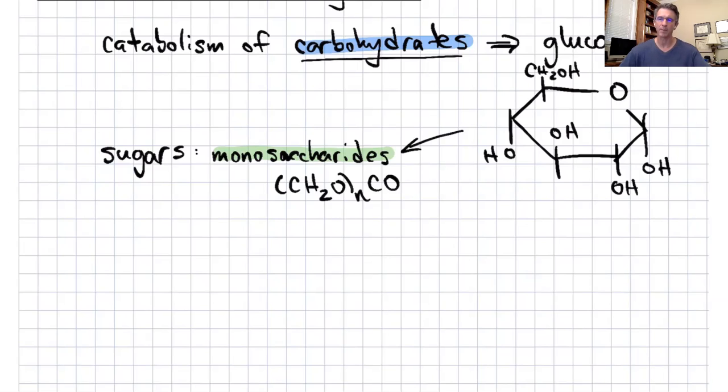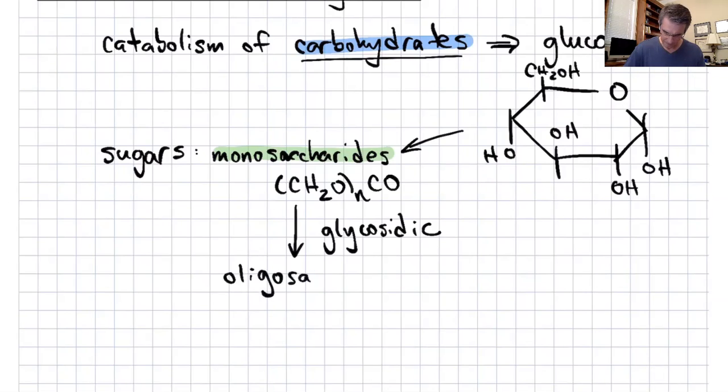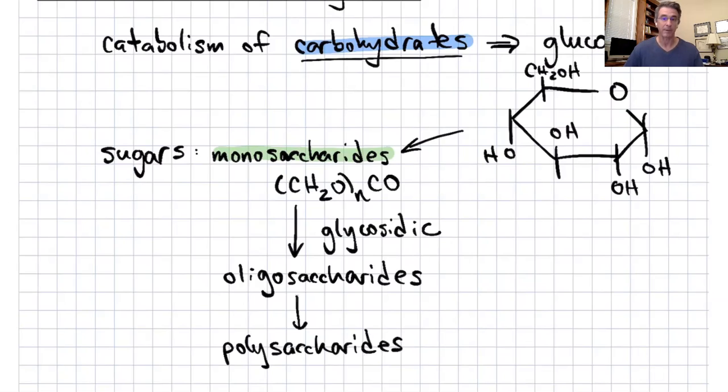If monosaccharides are the fundamental unit, like amino acids are with proteins, you can link monosaccharides together through a particular kind of bond known as a glycosidic bond, which we're not going to have time to really look at, but is analogous to an amide bond in a protein, to create so-called oligosaccharides, which would be equivalent to, say, an oligopeptide in a protein, right? And then you keep going, you keep making these things bigger, and you can then make polysaccharides in the same way you can make a polypeptide or a protein.